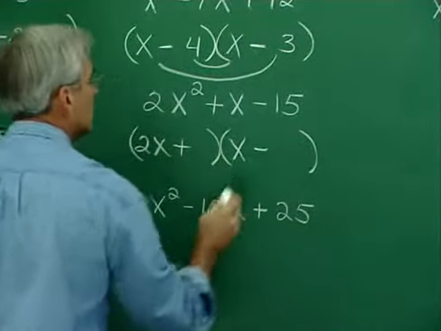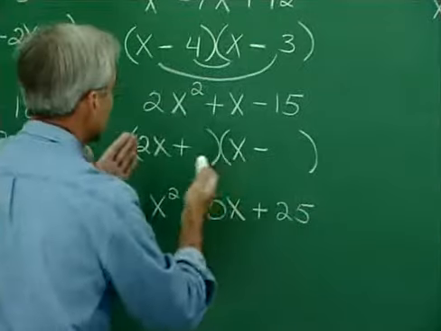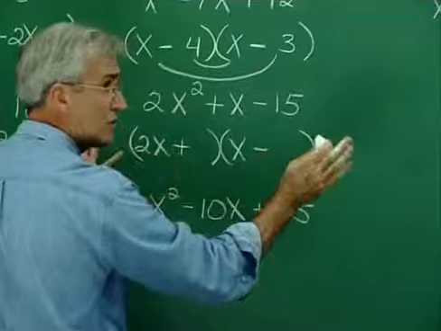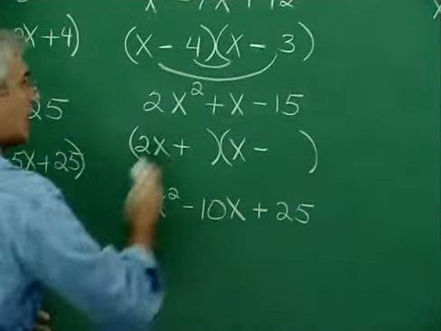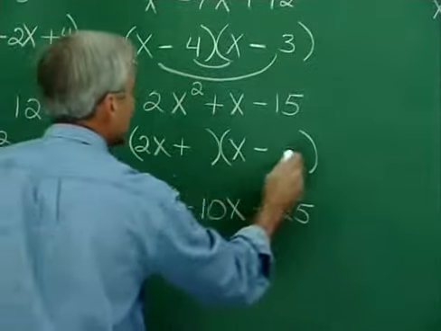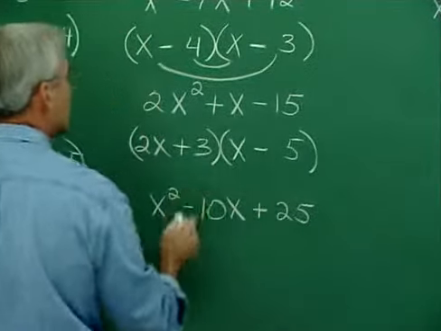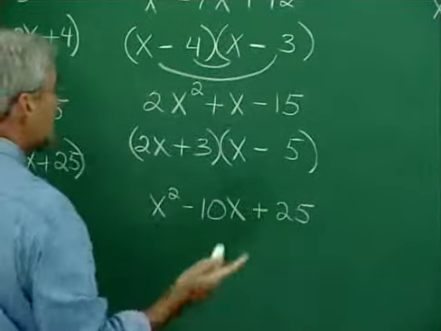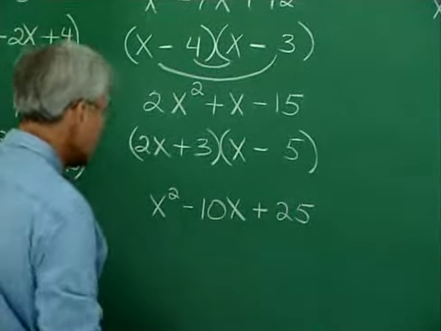There's no real easy way to determine whether the plus goes here or there. So just take a shot and put something down. Now, factors of 15, probably the 5-3 combination. You might try the 5. We could try the 5 here and the 3 here. We would have 3x minus 10x. 3x minus 10x, that's negative 7x. Gee, that's not it. So that's not right.